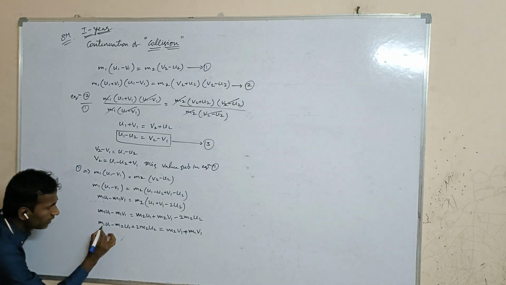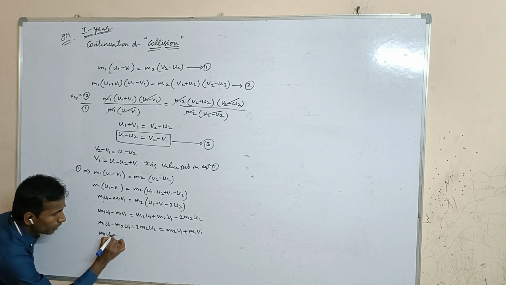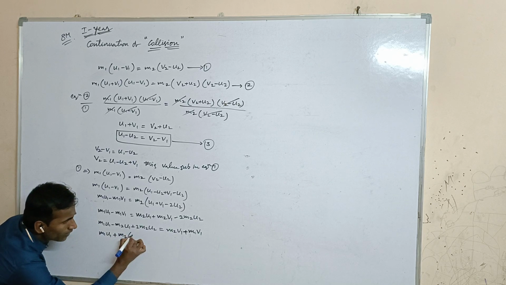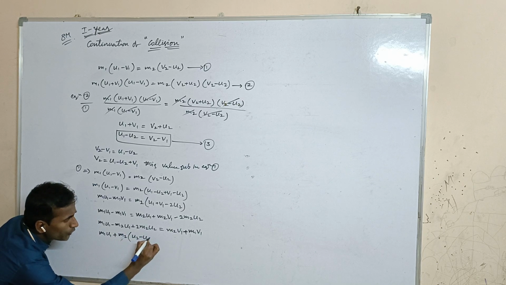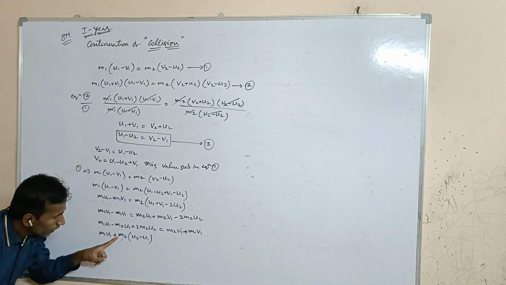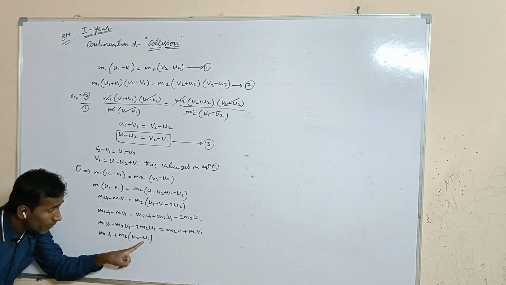Now we get m1 u1 plus m2, taking the common factor, (u2 minus u1), because of the minus it has m2 u1.